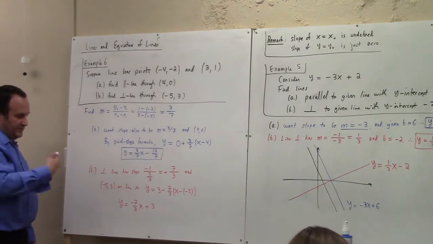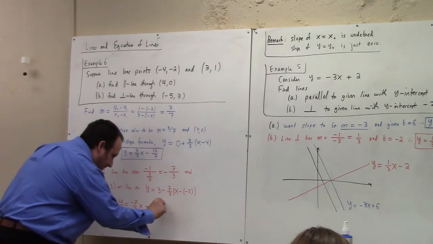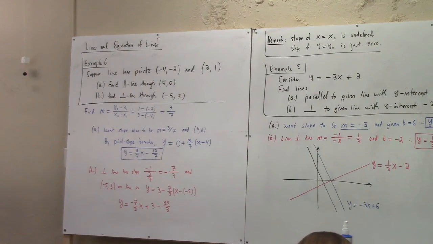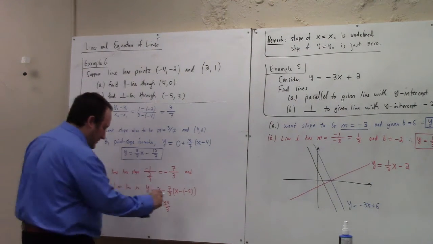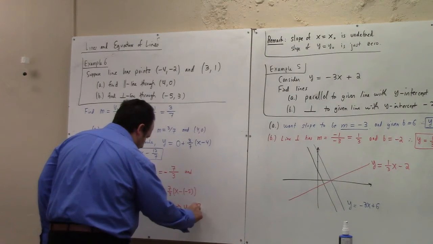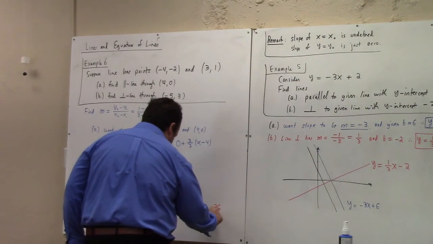So I get a minus overall there, minus 35/3. How many thirds is 3? 9/3, right? So 9 minus 35 is minus 26, I think. So I believe the answer is y equals minus 7/3 x minus 26 over 3.